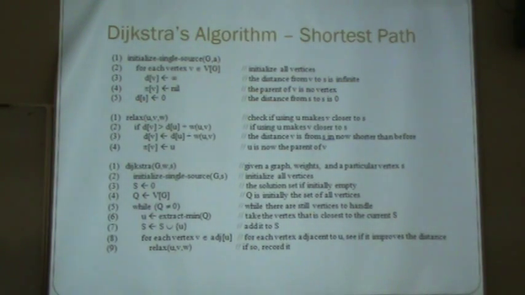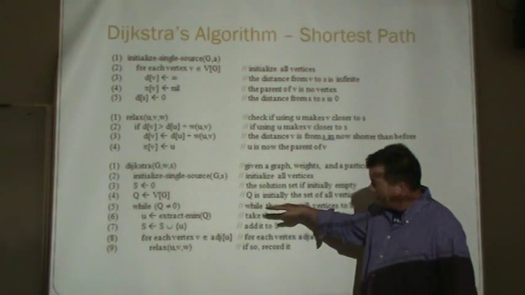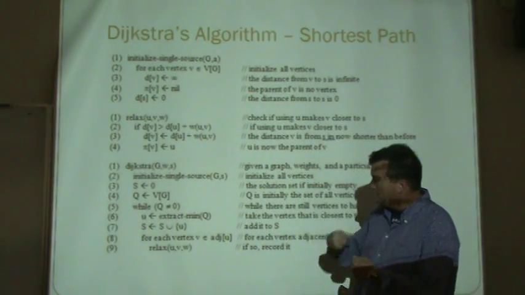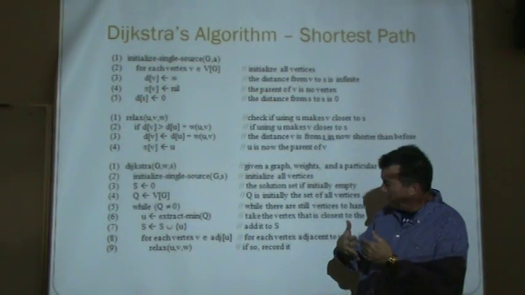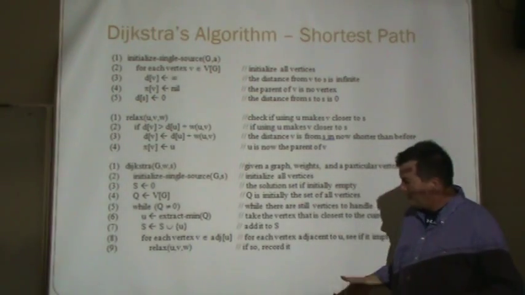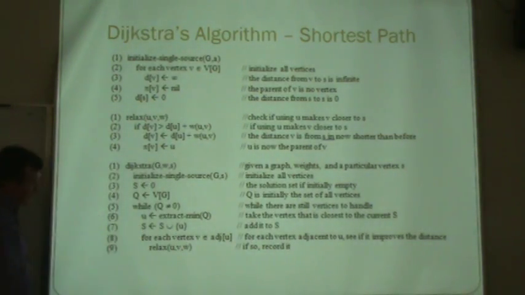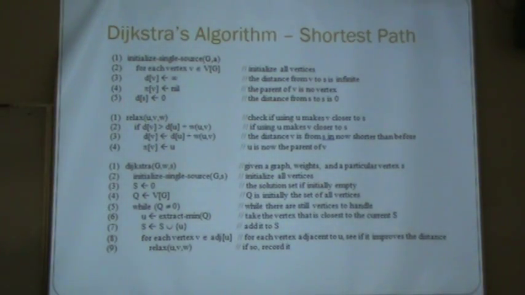So this while loop runs V times. This thing, which keeps extracting the smallest one out, if we had a two-dimensional array, this routine would run V squared times. Copying the answer over would be a one-time operation, and then calling relax on everything you're connected to would also get called V times.